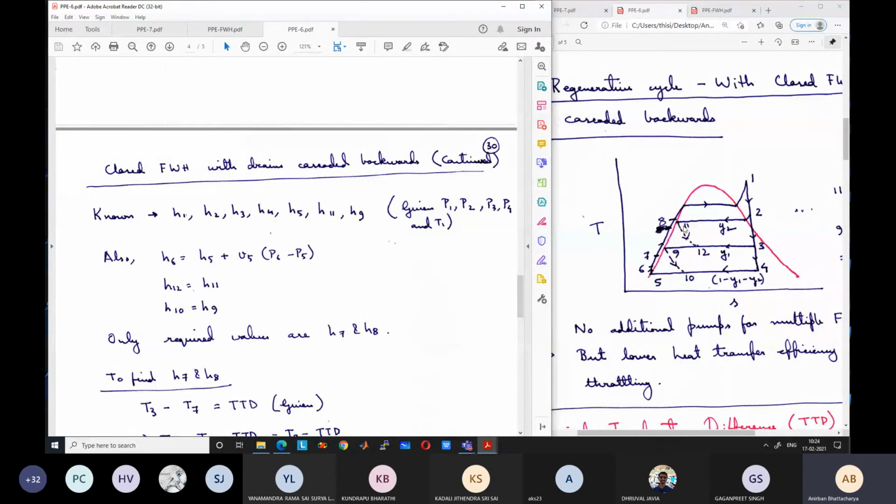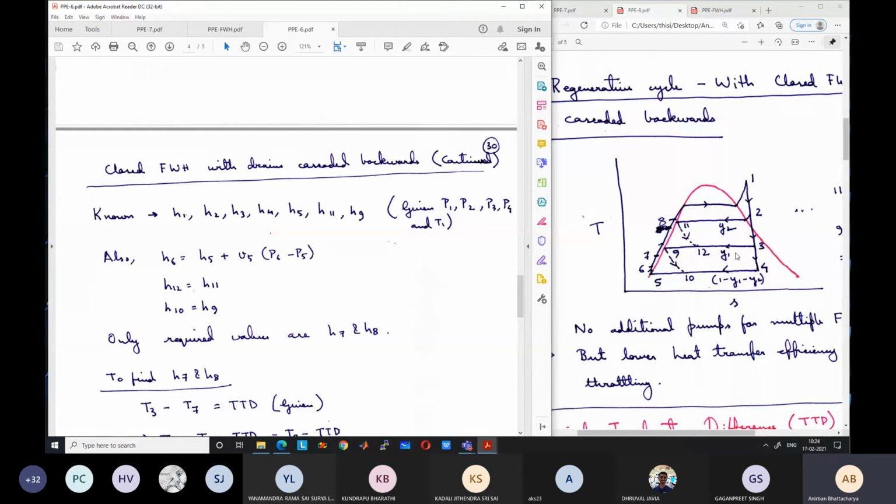So once you know the pressures P2 and P3, will we be able to find the enthalpy at 2 and 3? How will we find the enthalpy at 2 and 3?